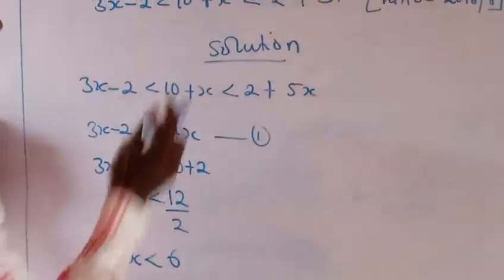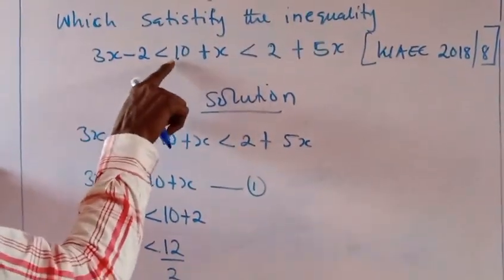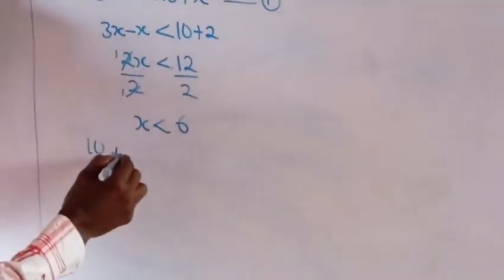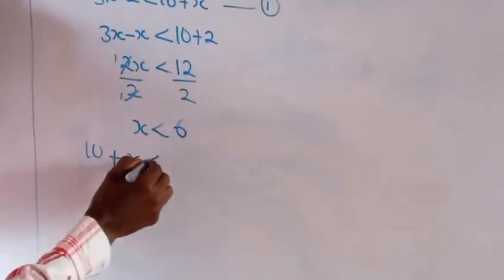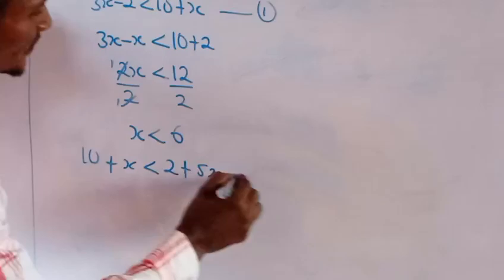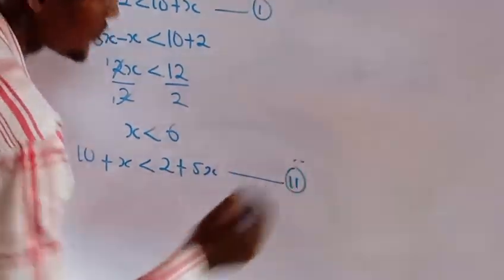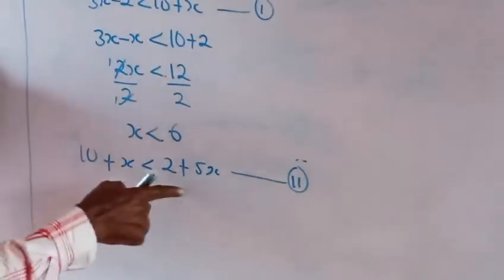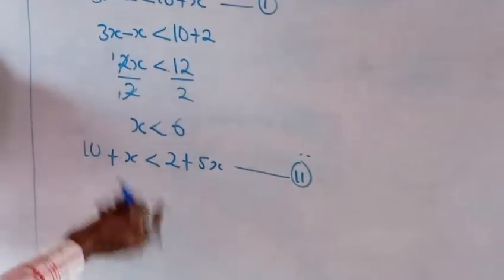Now the second part, we are going to pick from this 10 to this 5x. So we have 10 + x < 2 + 5x. Let's say this is equation 2. We can also simplify this to obtain the value of x by collecting like terms.